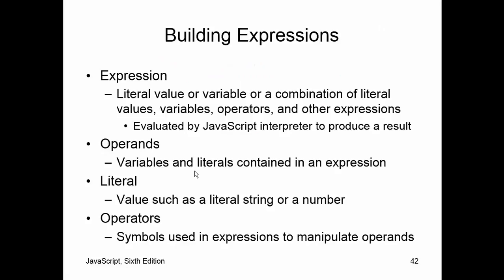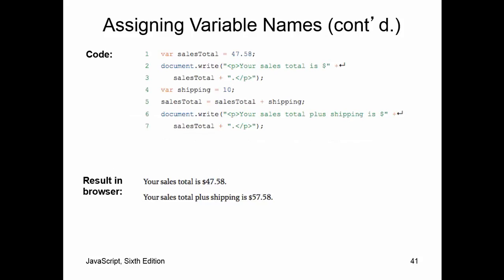What we're starting to do in here, what you're seeing, is as it says, we're building expressions. An expression is mentioned right there. It can be a literal value or a variable or a combination of them. But you have an expression because you want to produce a result. So there, this is an expression right here. And it's got 2 variables in it.